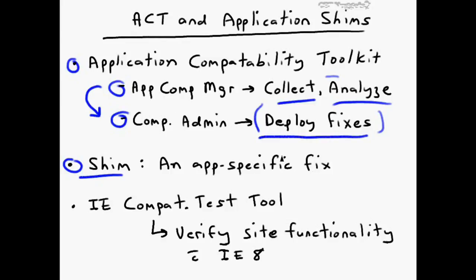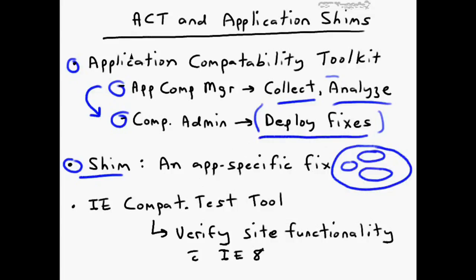Maybe an application breaks because there's some issue in a call between a .exe and a .dll. So the shim might replace the exe, might replace the DLL, and give you a third file, and that collection of 3 files constitutes a shim that enables that troublesome application to run under Windows 7.